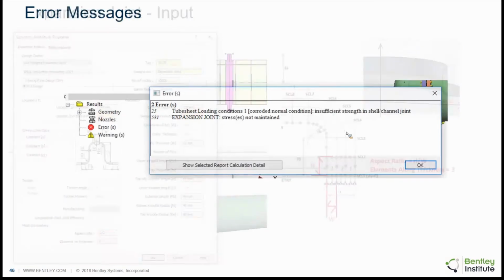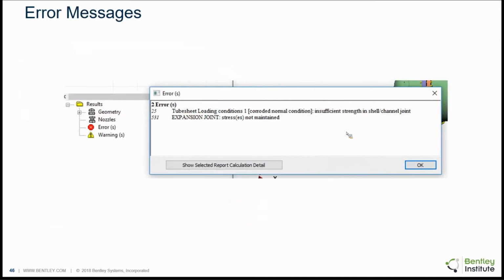So even with a single expansion joint, you have some problem. There is one tube sheet loading condition error. The tube sheet design can fail in multiple places, multiple calculations, as we saw without expansion joint case. But here we are seeing it is failing for loading condition 1. Obviously the errors have come down, but it is not 0.